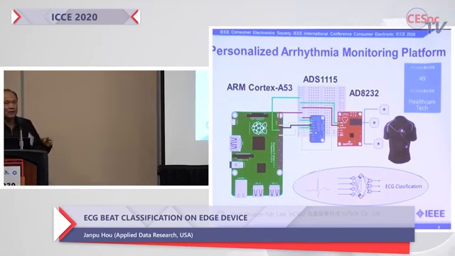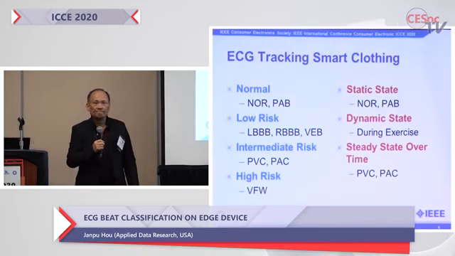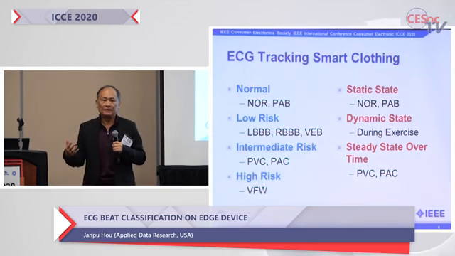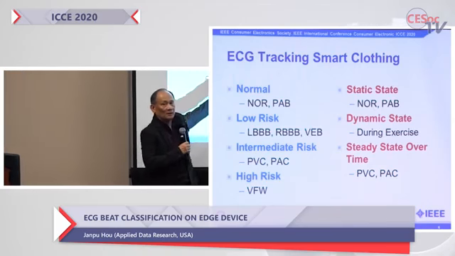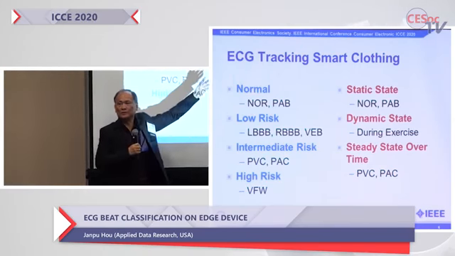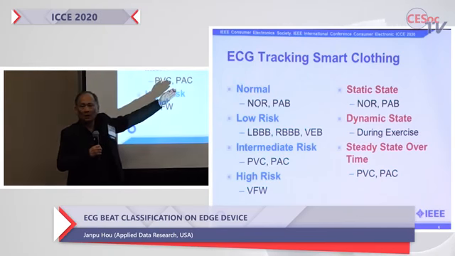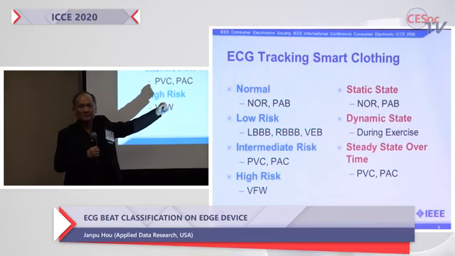What I talk about today is, once we acquire the data, how do I create a warning system? And then also, once we have this data, we will be able to manage the static case, which means when we are eating or sleeping, whatever, or when we're walking or playing tennis.